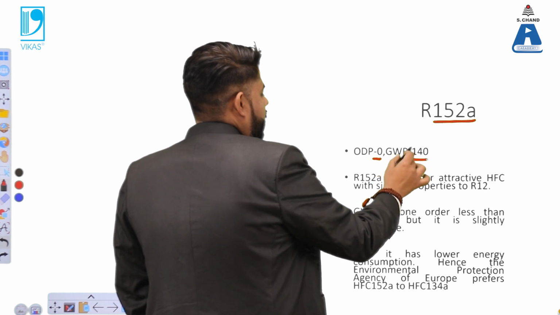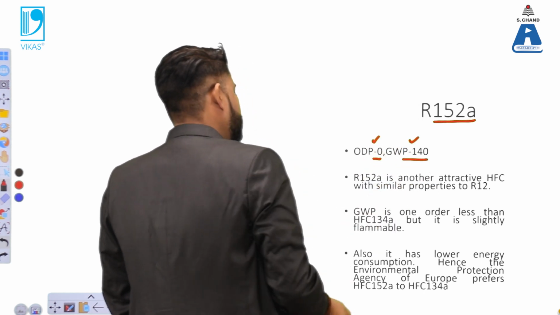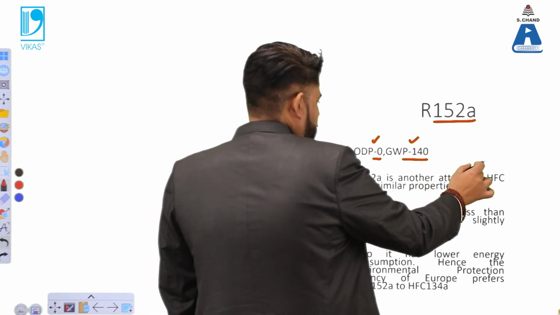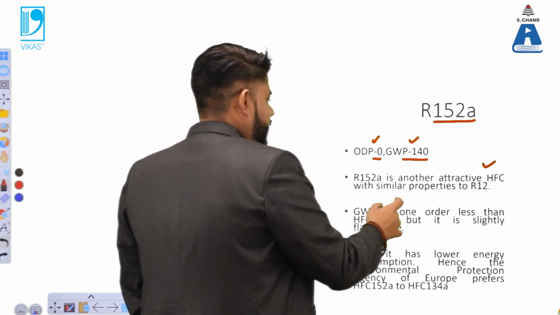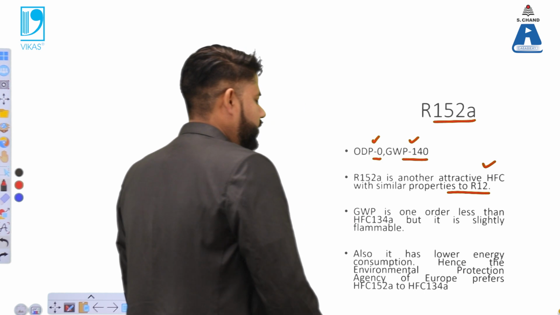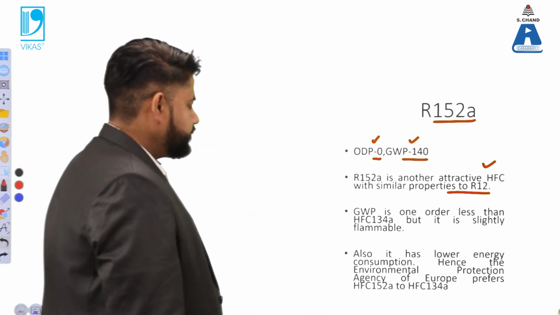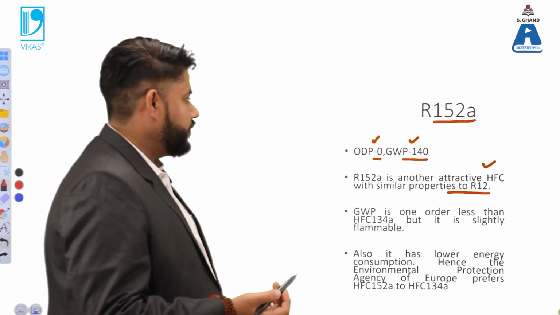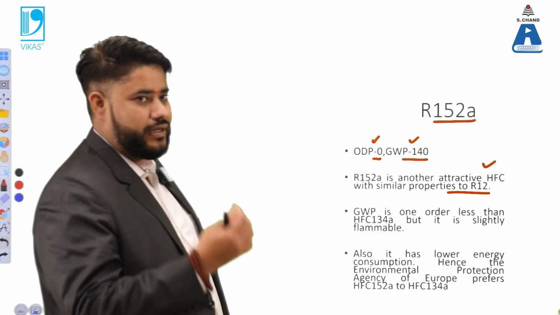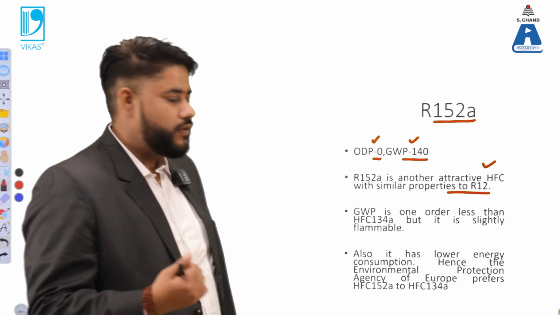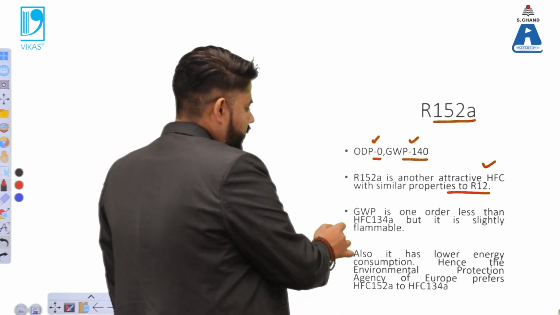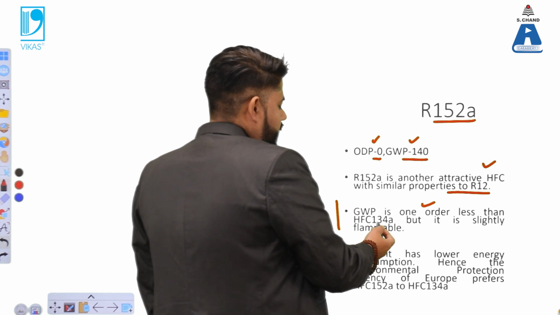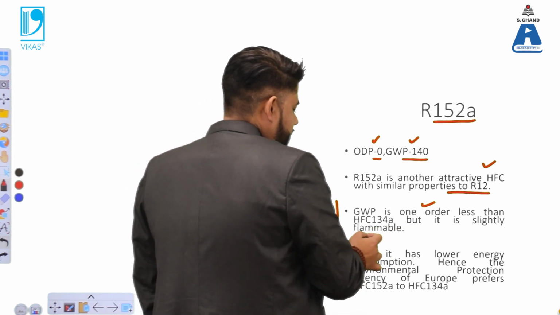Then R152A, another refrigerant in the same category. The global warming potential is lesser, the ozone depletion potential is lesser, and it is very attractive, this HFC, which has similar properties to R12. As I have told you, we are in continuous search of an alternative with a lesser global warming potential. This global warming potential is one order lesser than that of R134A, but it is slightly flammable.